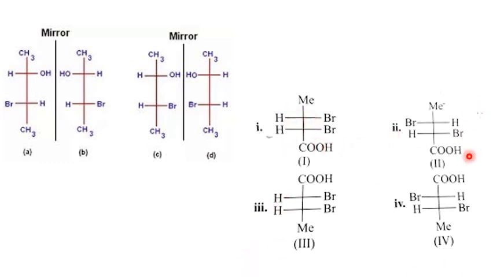Another example you take, 1 and 2 are diastereomers because they are not mirror images to each other. 1 and 3 are enantiomers, okay, or mirror images to each other.